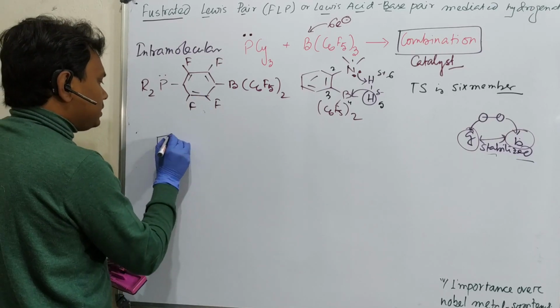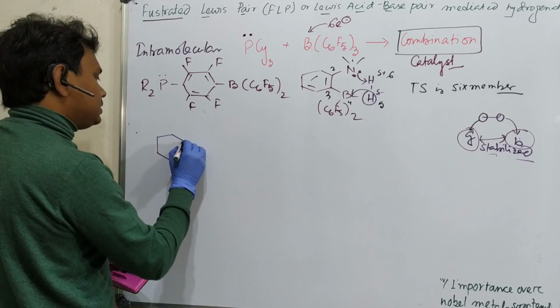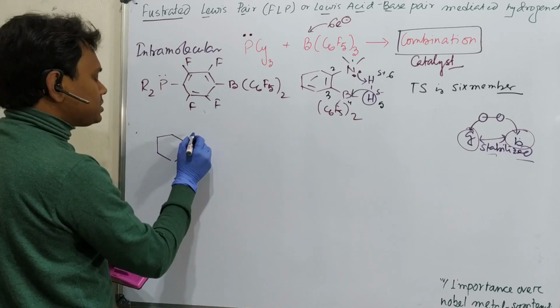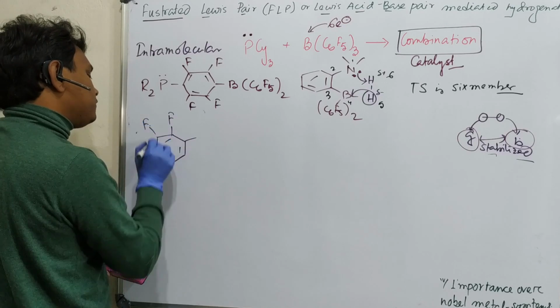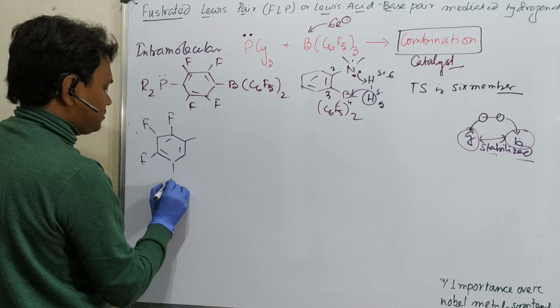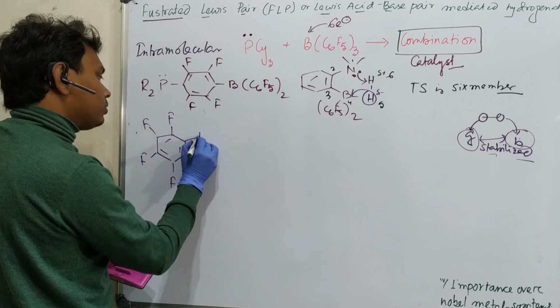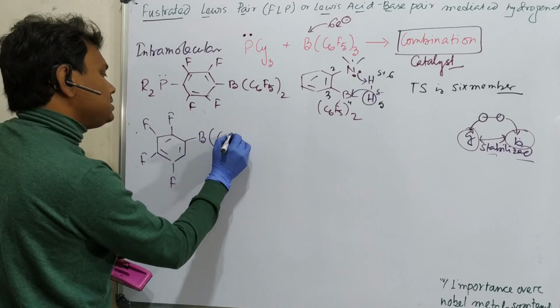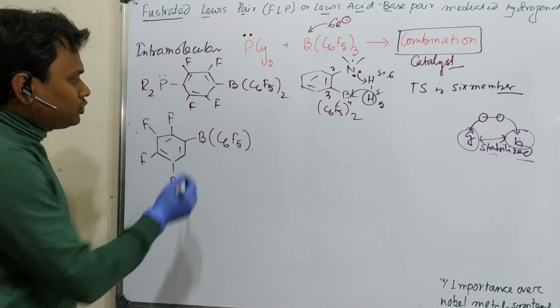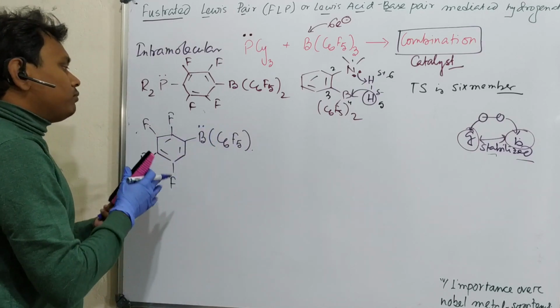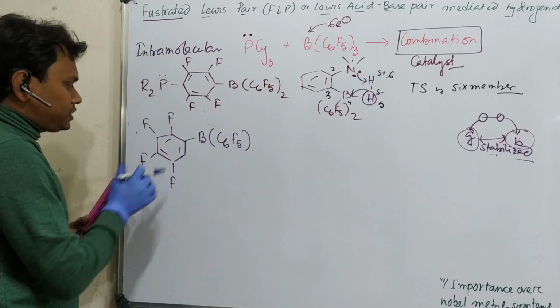First of all, how this is prepared. First of all, this tris(pentafluorophenyl)boron is taken. So boron, I am not writing, C6F5 is taken. Now it can have another canonical form. We know boron is a 6-electron species, electron deficient.